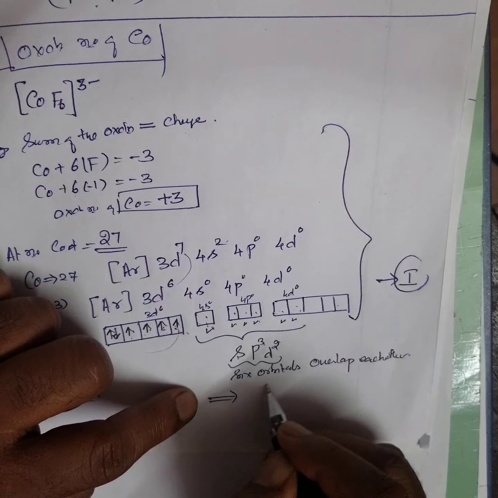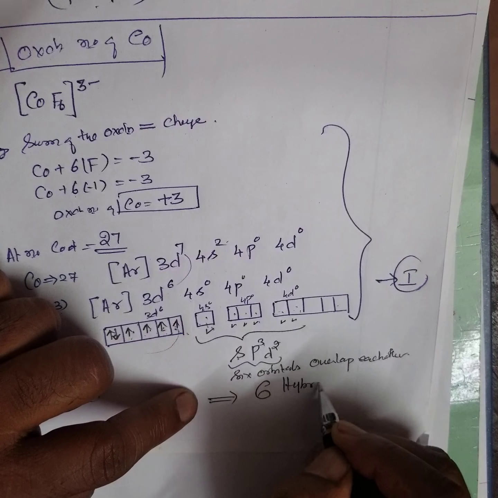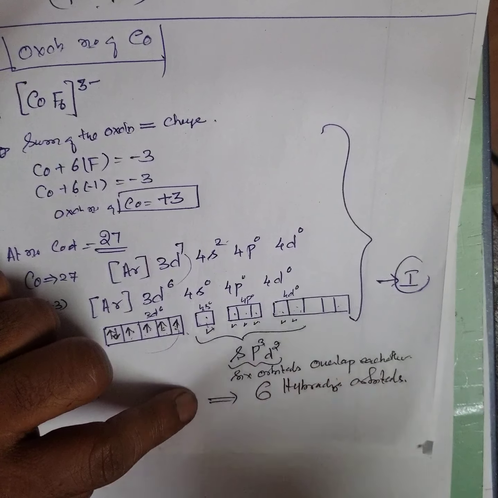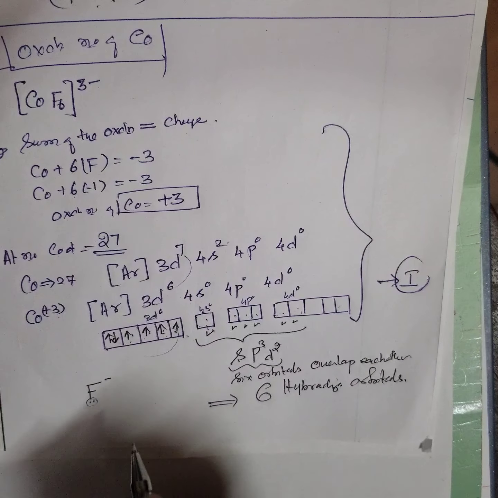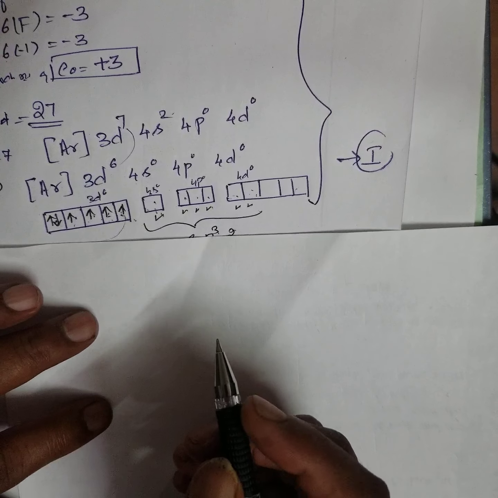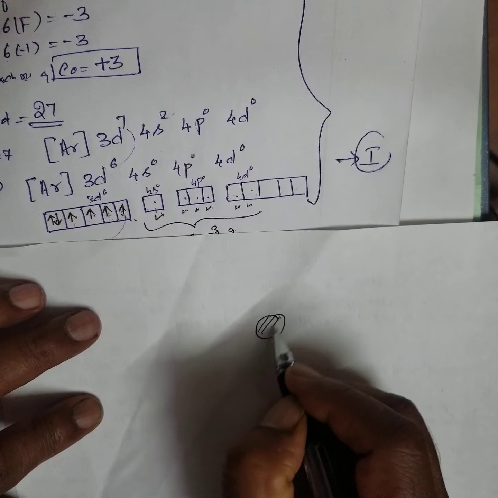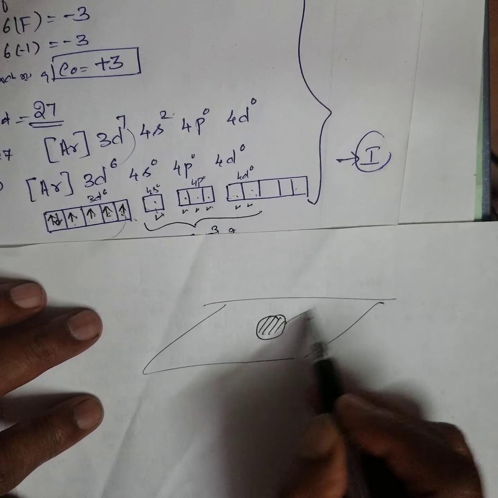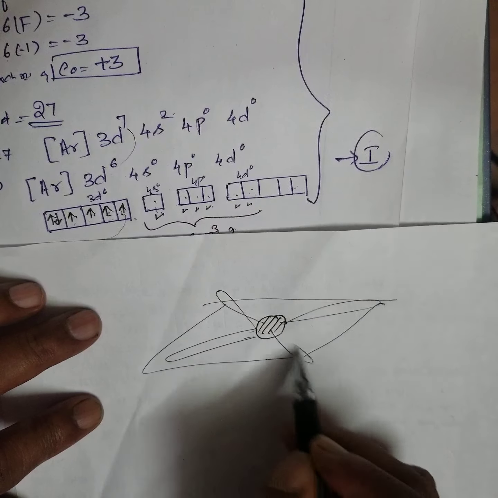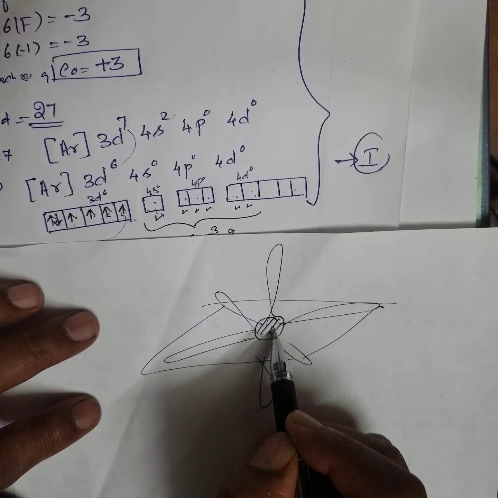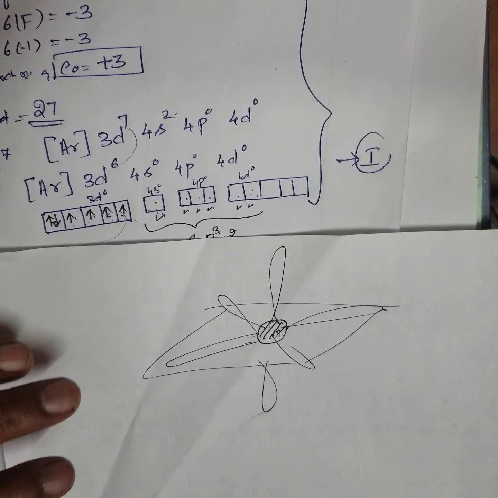Therefore, you will get 6 hybridized orbitals present at the central metal ion. Imagine a plane here: one here, one here, one here, one here, one here and one here. There are 6 orbitals around the central metal atom.